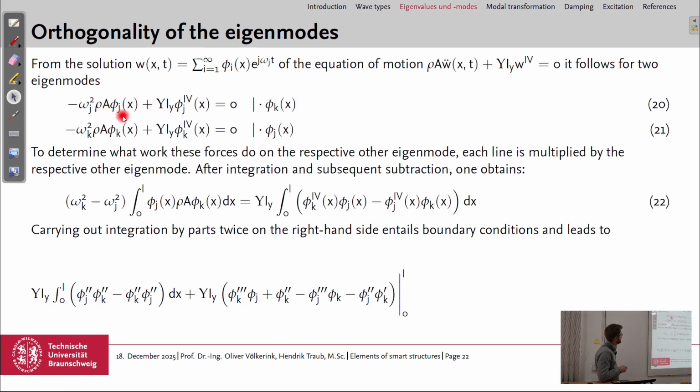So this would be for eigenmode j, and this would be for eigenmode k. If we put this equation into this equation, so derive it 2 times with respect to time and 4 times with respect to space, then we come to this equation here.